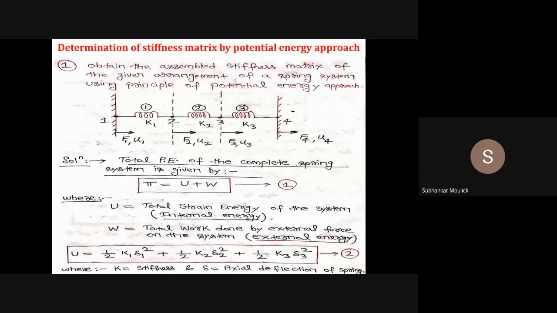So let us take an example, and by this example, let us try to understand how we can determine the stiffness matrix by potential energy approach. What is given in the problem? The problem tells you to obtain the assembled stiffness matrix of the given arrangement of spring system using the principle of potential energy approach.